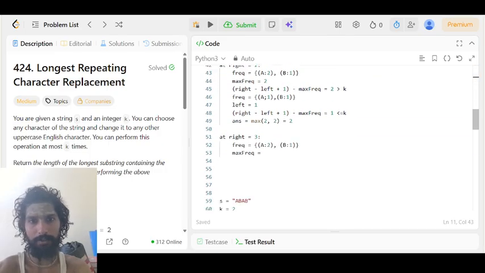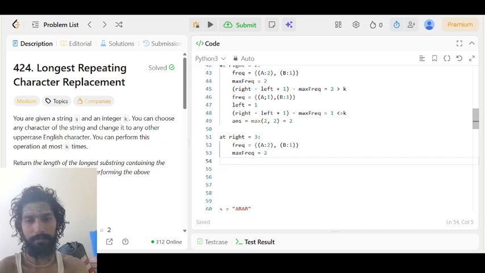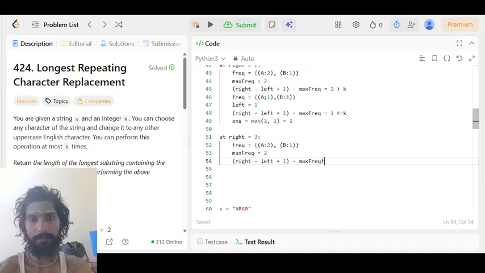So that will remain as 2. Then this value right minus left plus 1. My left is equal to 1 and right equal to 2. So it will become 2 minus 2, that is 0.